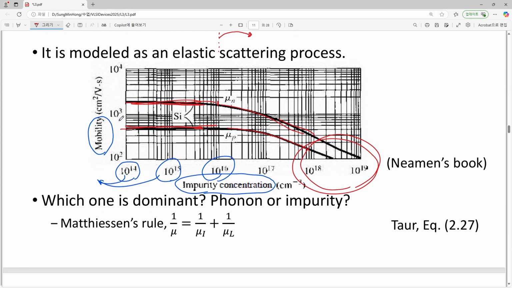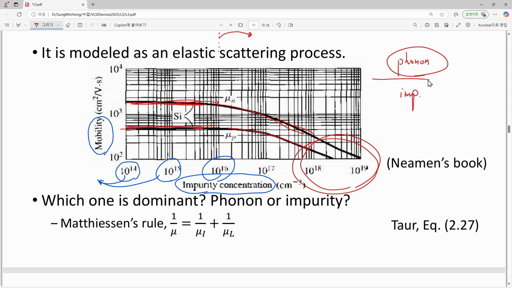Certainly we have two different competing mechanisms. One is phonon and one is impurity. If we have a very high doping density, then of course impurity will be the dominant factor. And if we have a relatively low impurity density, then phonon will be the dominant factor.